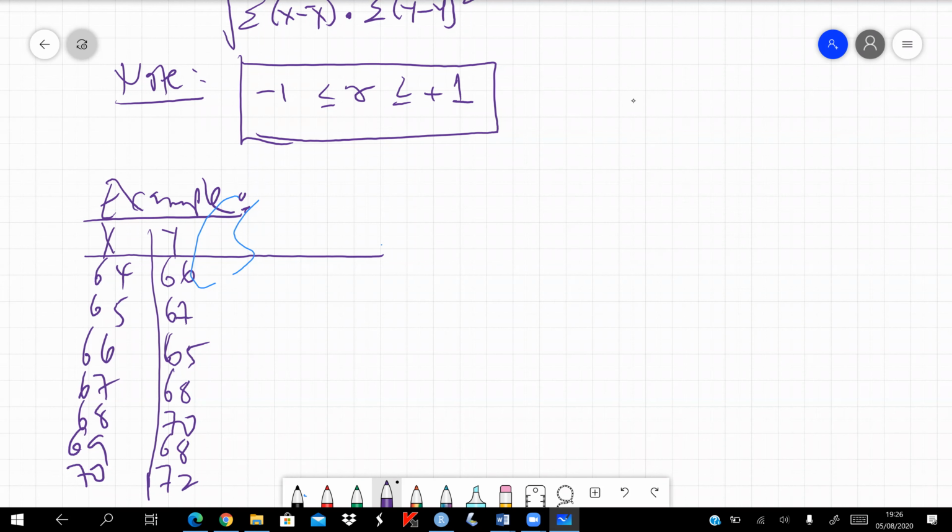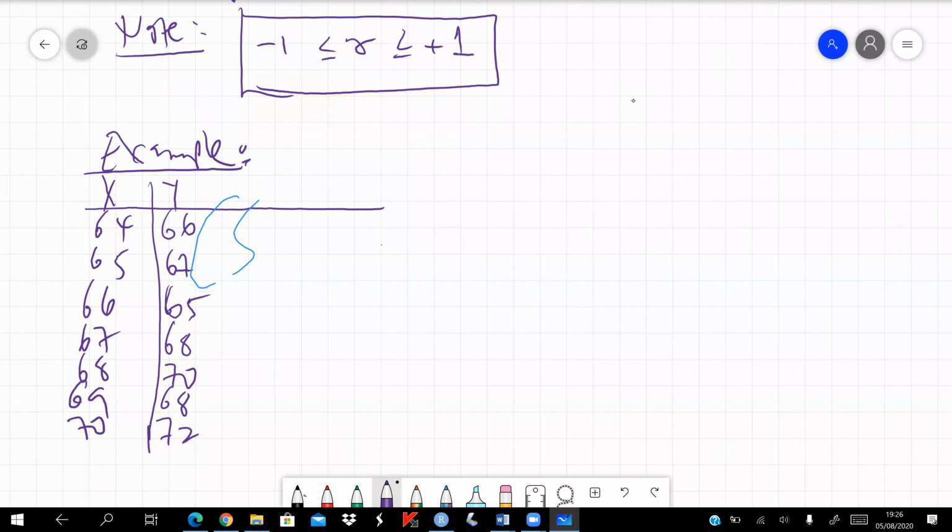Okay, so let's find the Karl Pearson's correlation coefficient for this data. Of course, we need x bar and we need y bar. So we can compute that separately. X bar is 67, y bar is 68.